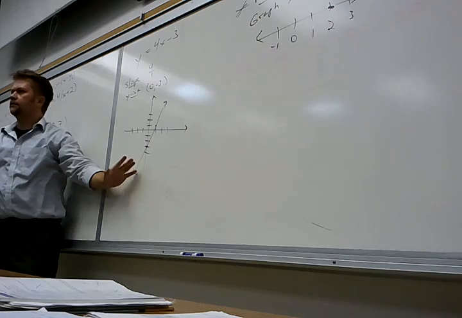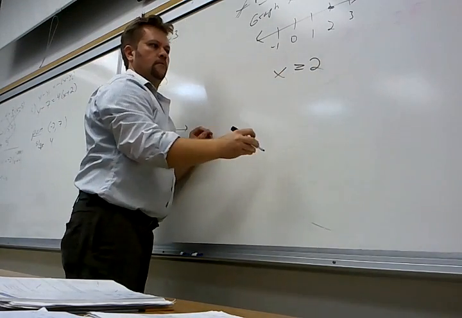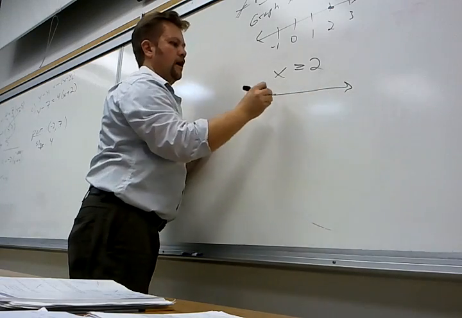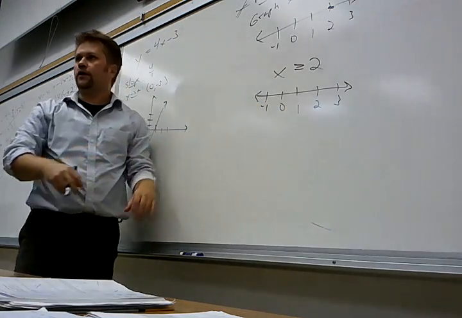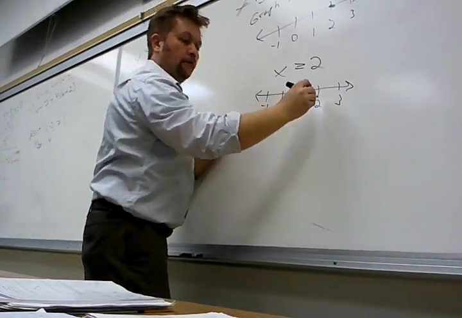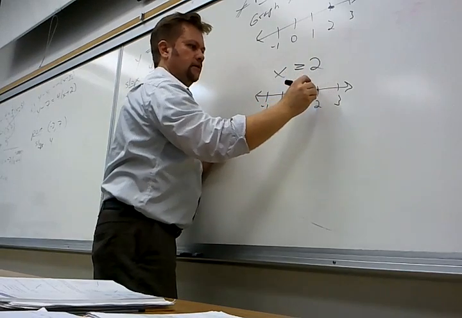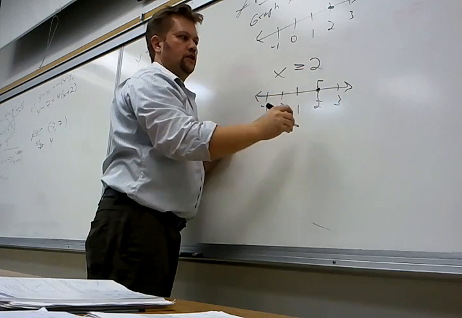That's what this line means. What changes when I say this? What's going to change in my graph? What do I still do the same way, really? I still have to locate 2, don't I? And I know it would be a bracket. Let's go ahead and use a bracket, but it's sort of like in the old days we used to put a point there, right? It's still like a bracket, and then I would shade.